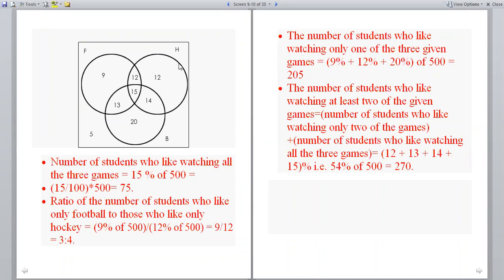In the same way, how many are liking hockey and basketball? 29. From 29, you subtract 15, you will get 14. In the same way, as given in the question, 28% like football and basketball. So 28 minus 15 would be 13. So we are able to figure out these numbers: 12, 13, 14 and 15.